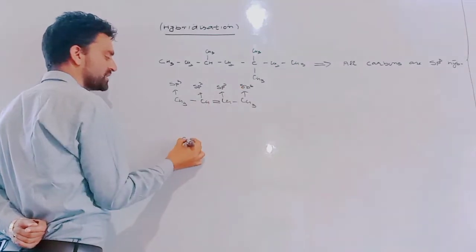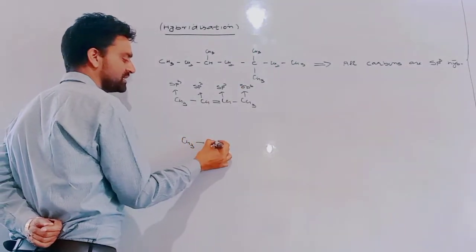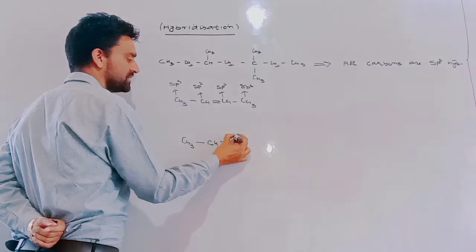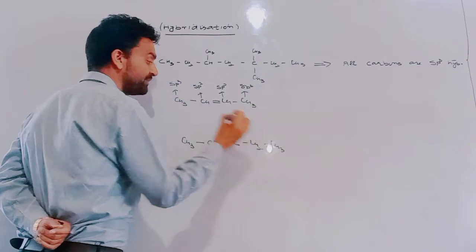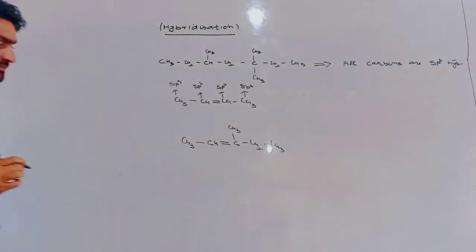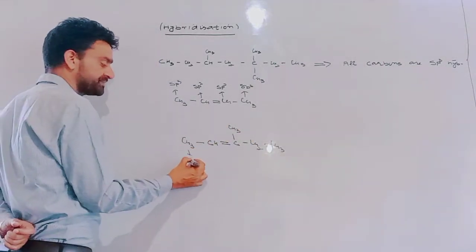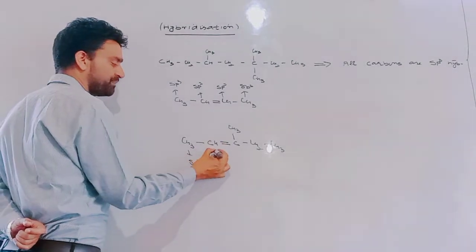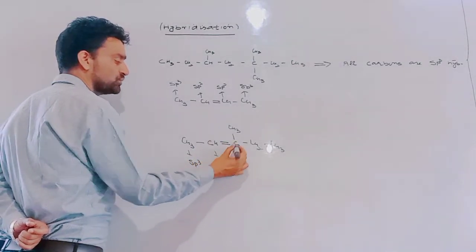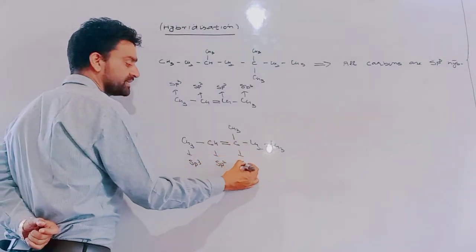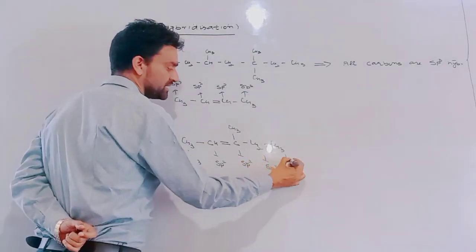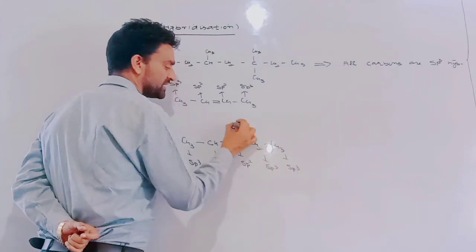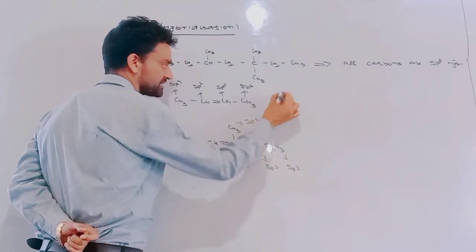If I take the compound CH3 CH double bond C CH3 CH2 CH3, mention the hybridization. All sigma, sp3. 1 pi, sp2. 1 pi, sp2. All sigma, sp3. All sigma, sp3.